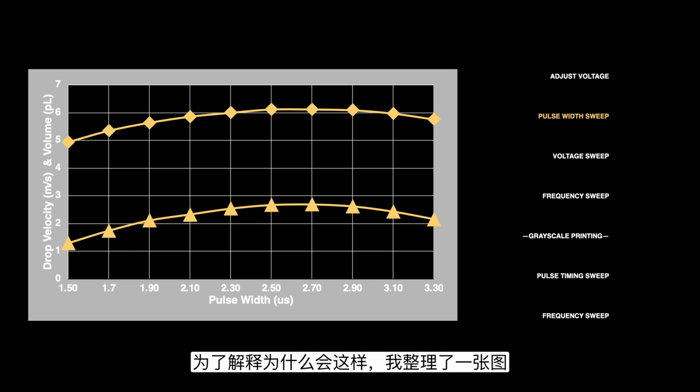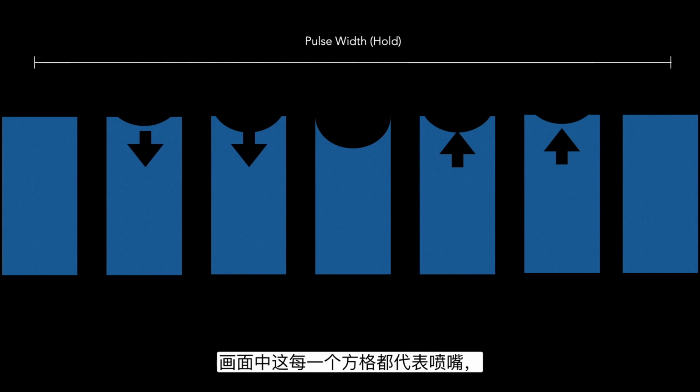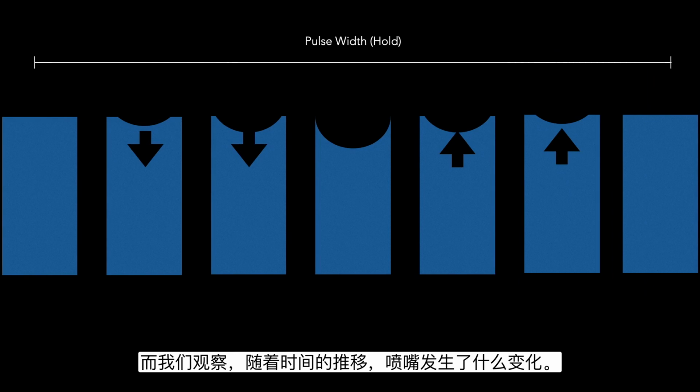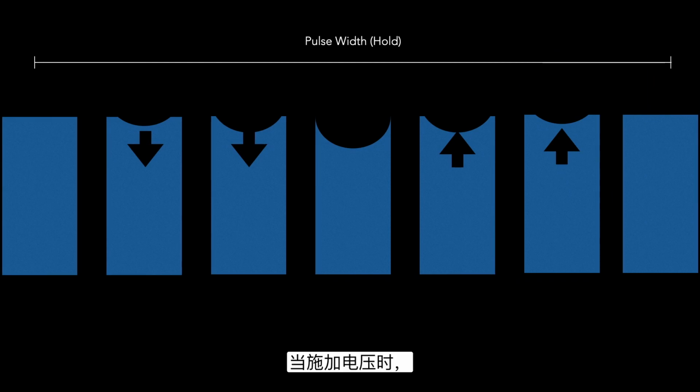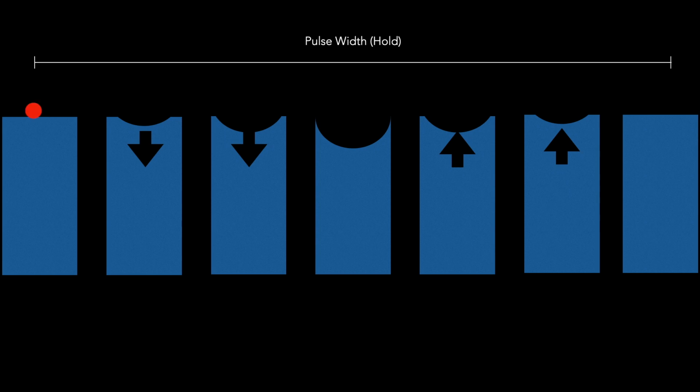To kind of explain why that is, I put together a diagram here. So each of these slices is the nozzle, and we're just looking at what's happening to the nozzle over time. So when the voltage is applied, the back wall of the nozzle chamber moves. And that creates a pressure, right?